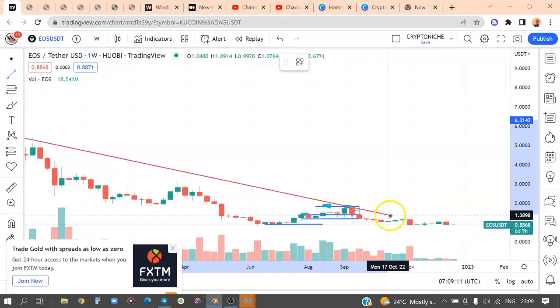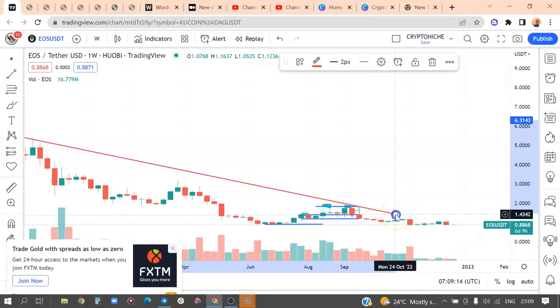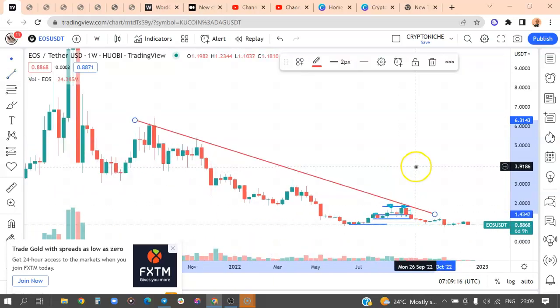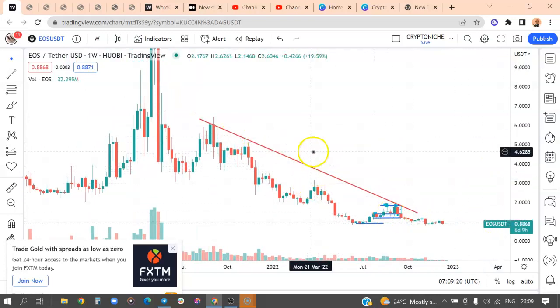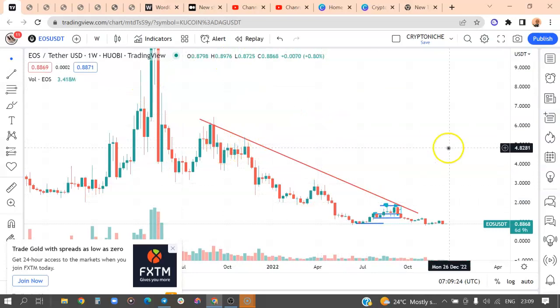If you look at the trend, it's been bearish. This is a bearish trend on the pattern. So that's on the weekly time frame. We want to have a better overview of EOS on that time frame.